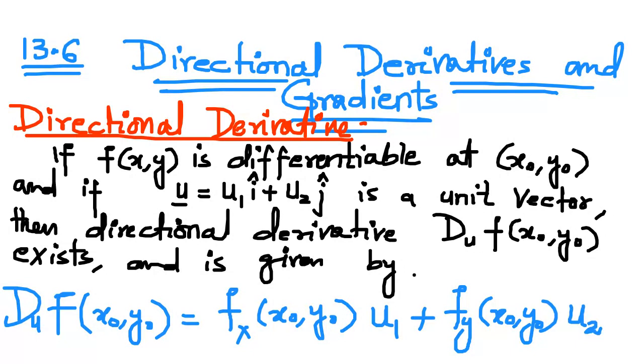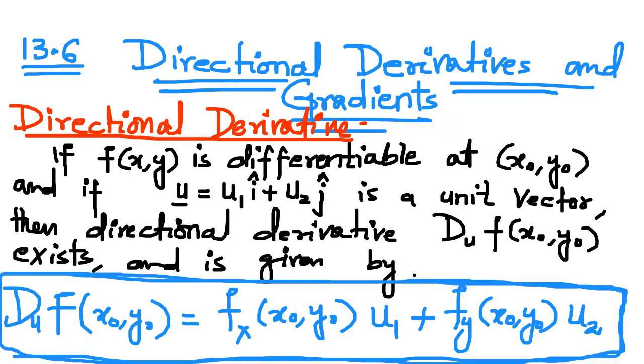This is the formula used to find the directional derivative of any function. For a directional derivative you must have a unit vector.